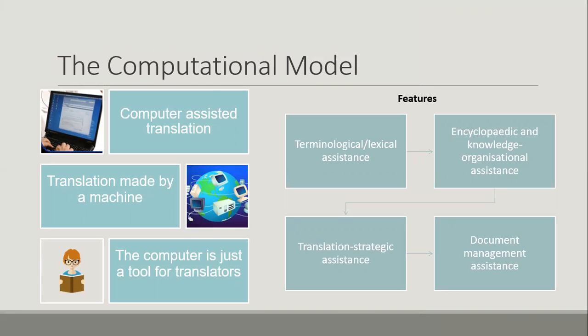And the computer should actually be a tool for translators, but it shouldn't be the whole thing. Of course, it has some good features that can help us when translating, like terminological and lexical assistant, encyclopedic knowledge, translation strategic assistant, and document management assistance. So we could use this, but just as a tool.